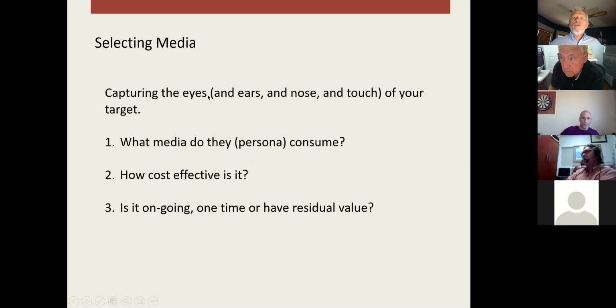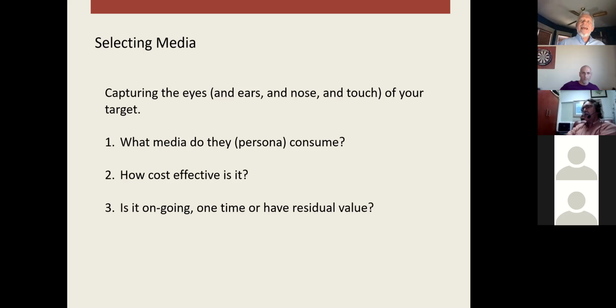You want to be sure that you're capturing the eyes and the ears and touch, if possible, of your target market. And by nose, I mean, yes, smell does have something to do with it. That is why certain fashion magazines put smell cards inside the magazine. I don't know how many of you have run into those lately.